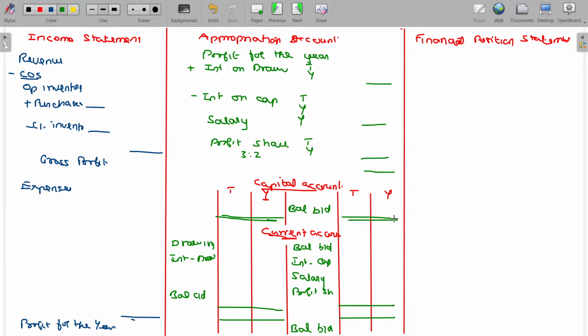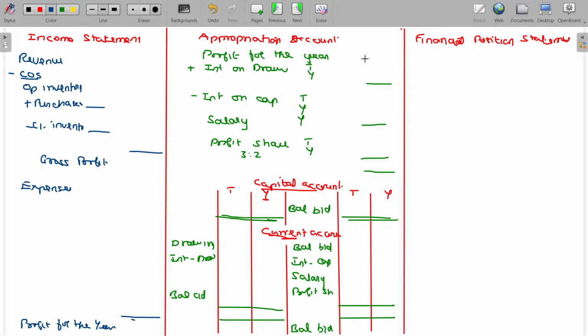Now we'll go for the financial position statement format. In case of the financial position statement, the balance sheet will start this way.